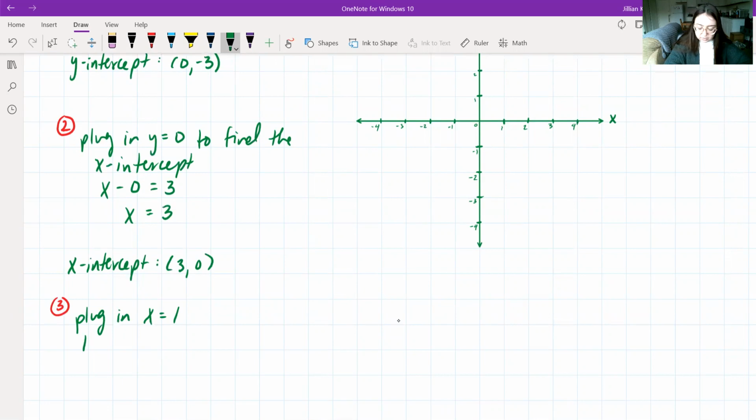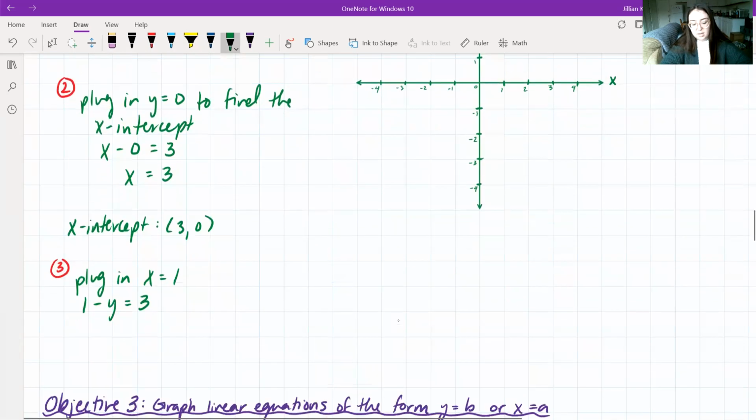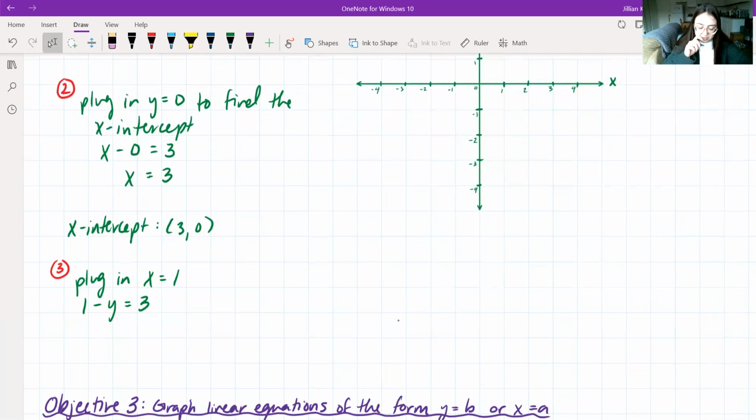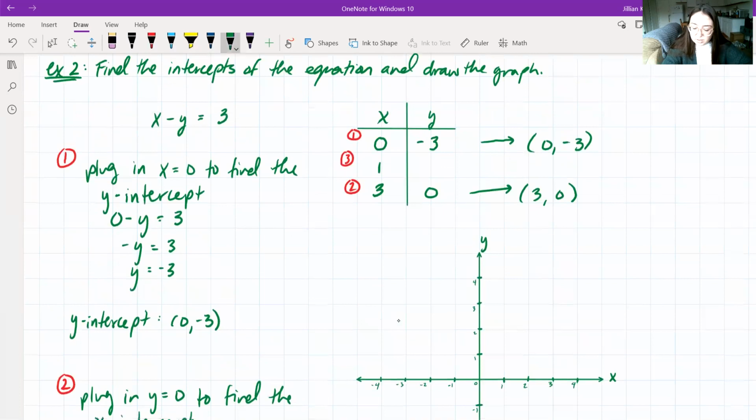We're plugging in 1 for x, so we have 1 minus y is equal to 3. And now we want to solve for y. So let's go ahead and subtract 1 on both sides. We get 1 minus y minus 1 is equal to 3 minus 1, which gives us negative y is equal to 2. So we just get that y is equal to negative 2. So we can fill this into our table, and this gives us our last ordered pair of 1, comma, negative 2.